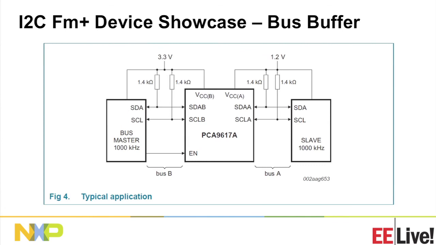On the 1.2 volt side, we have another bus, which is isolated from the first one and has its own pull-up resistors. On the other side, we have a similar bus with its own isolated drivers, so it's pulled up to the different voltage. So what we've effectively done is cut our bus into 2. Logically, it's one bus. The signals pass from one side to the other, but they operate at different supply voltages.